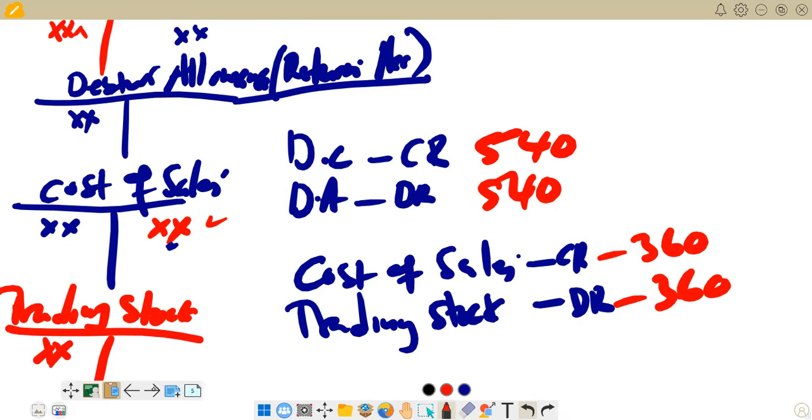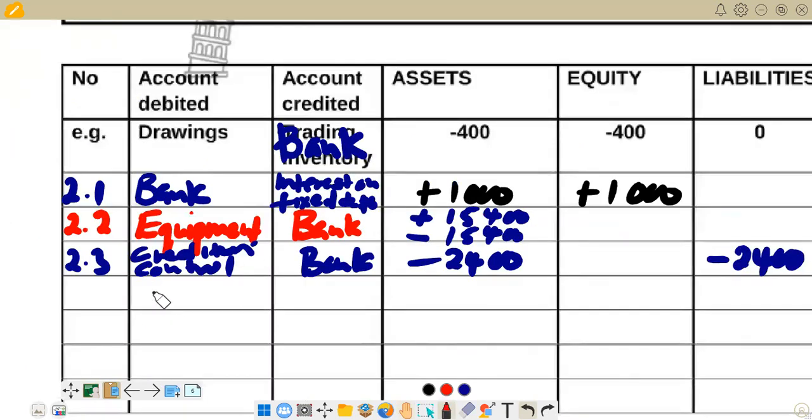So we can summarize those ones. This is now 2.4. For the first one, we are debiting the debtors allowance, and we credit the debtors control.